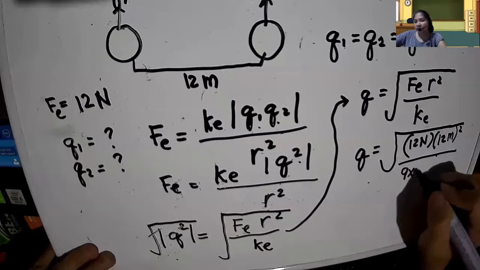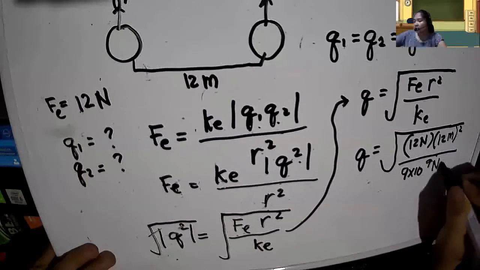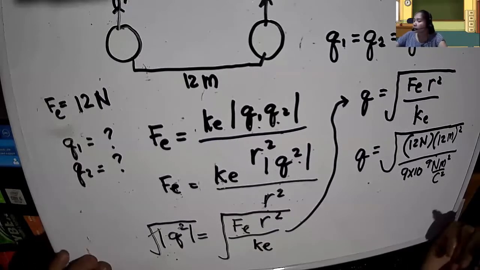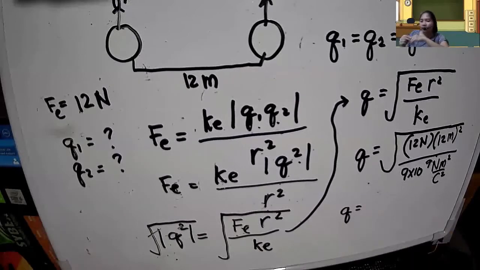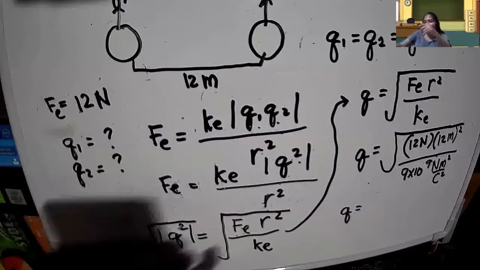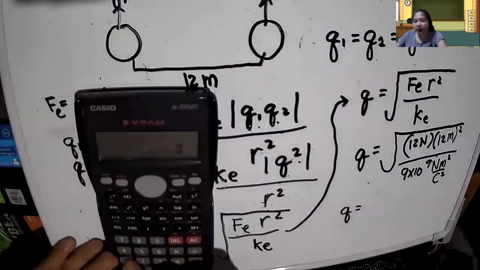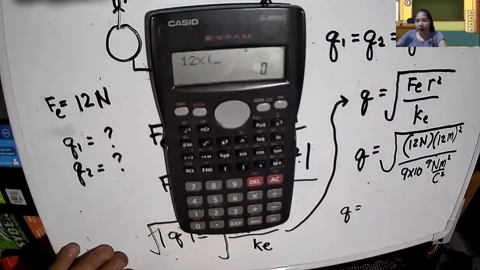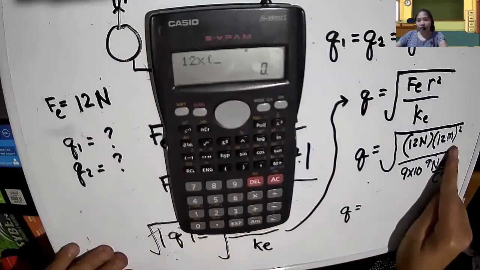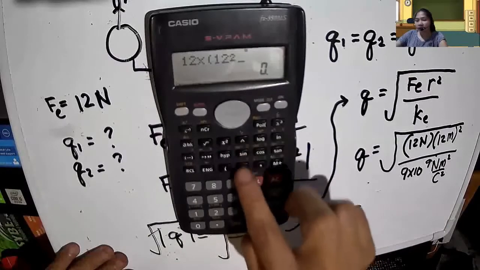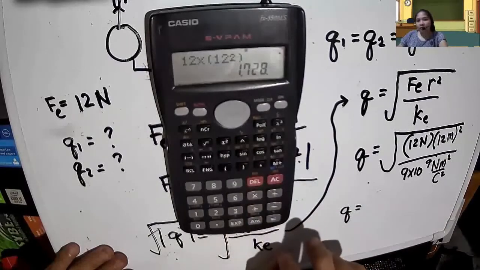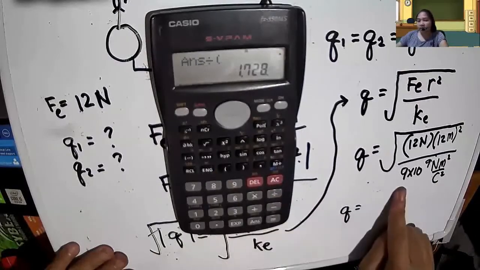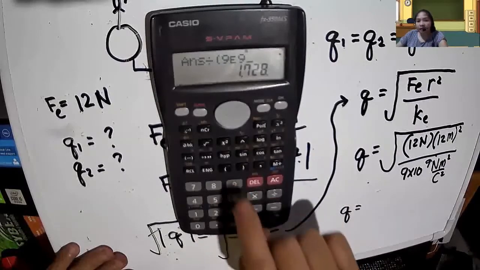Ke is the constant 9 times 10 to the power of 9 Newton meter squared per coulomb squared. If we use our calculator, first we have 12 times 12 meters squared. So 12 squared is 144, and 12 times that is 1,728, divided by the 9 times 10 to the power of 9, our constant.